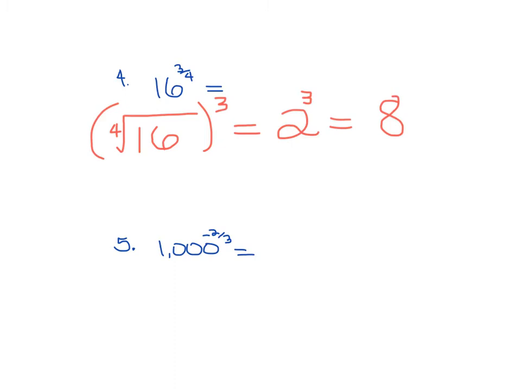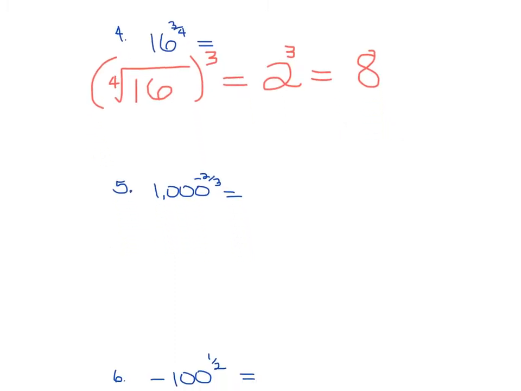1,000 to the negative 2/3 power. Again, I have a negative exponent, so I'm going to move the whole thing underneath the 1. Make the 2/3 positive now. And now I'm going to turn it into the cubed root of 1,000.